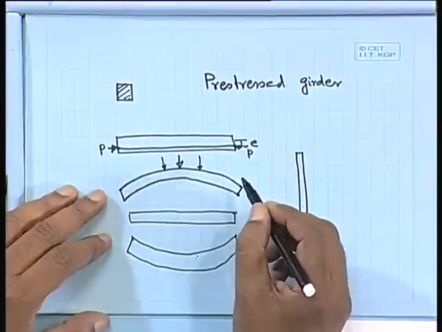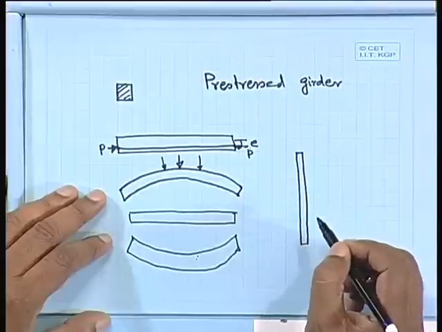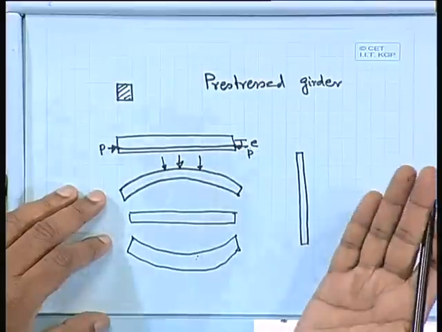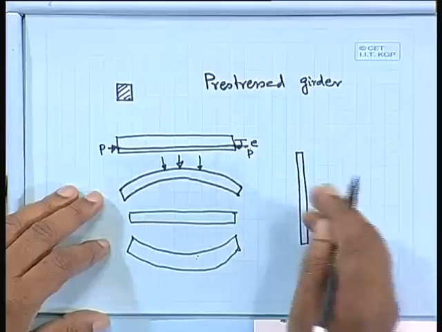But here we use pre-stressed girders, and they can go 40 meter also, and the depth will be 1 meter, 1.5 meter, something like that. We use a number of cables, and in bridges we use it.